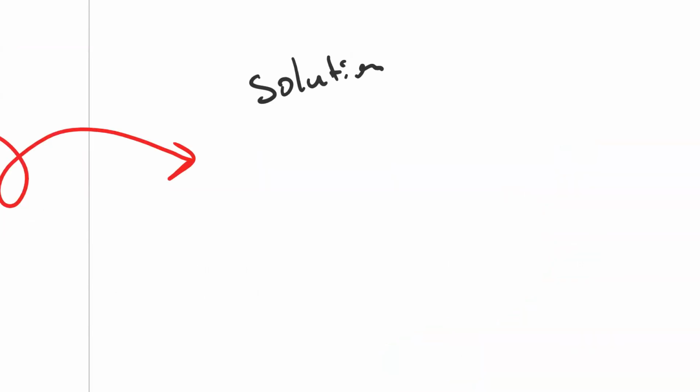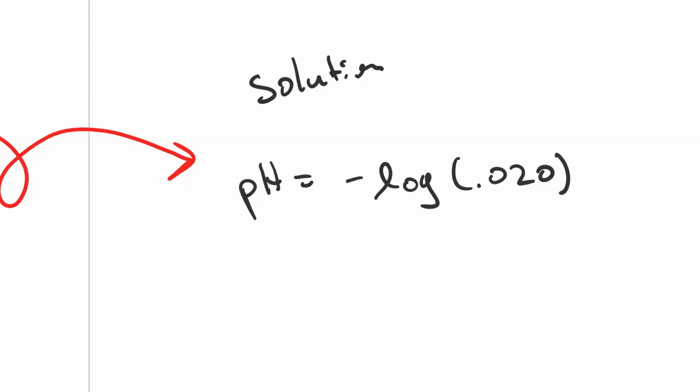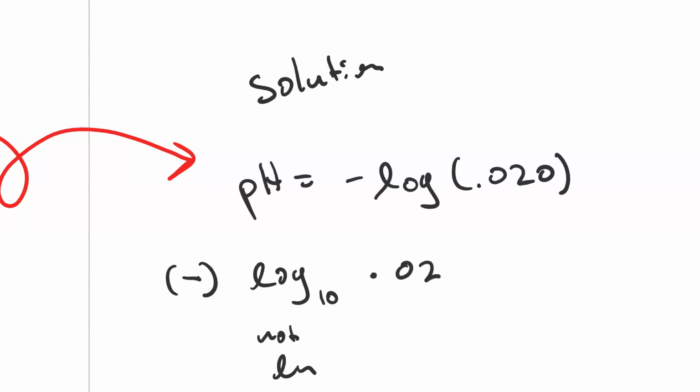So here's my solution. pH equals the negative log of 0.020. So I literally find the negative button on my calculator, and then I find the log button on my calculator. Make sure you're using log base 10 and not ln, which is base e, and then I punch in 0.02 and then enter.